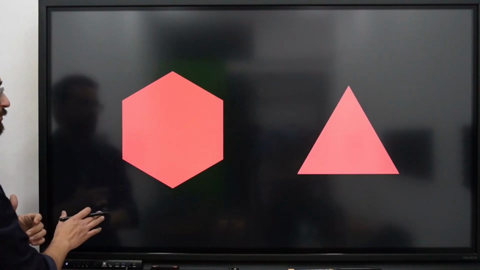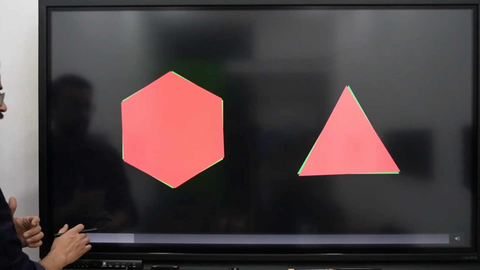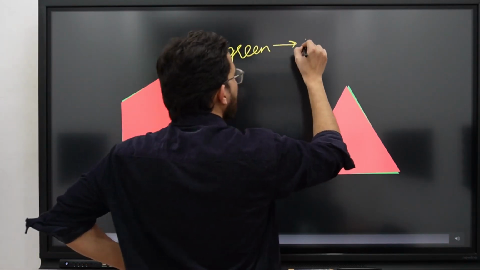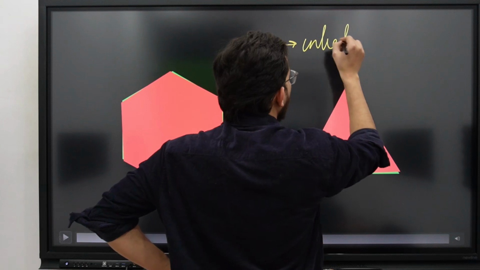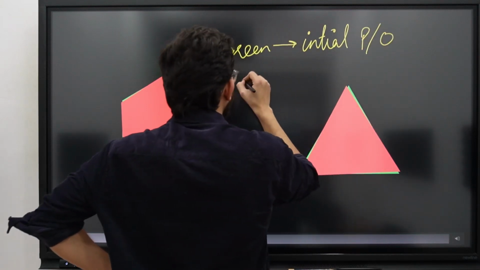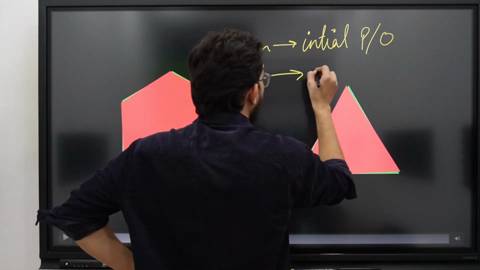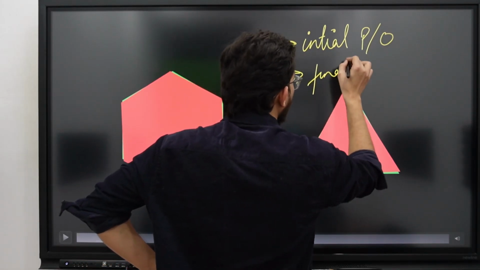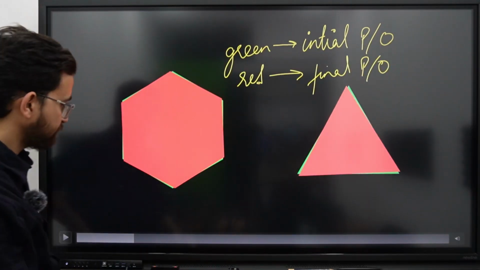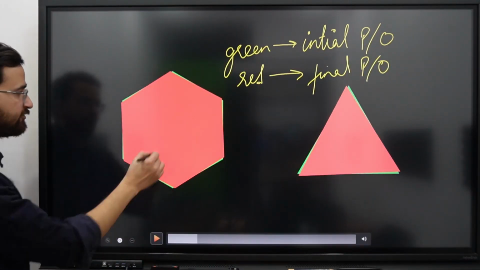Let us take this example. The green objects are the initial position and orientation of the object, and the red ones are the final position and orientation. Now let us see what happens if we rotate it.